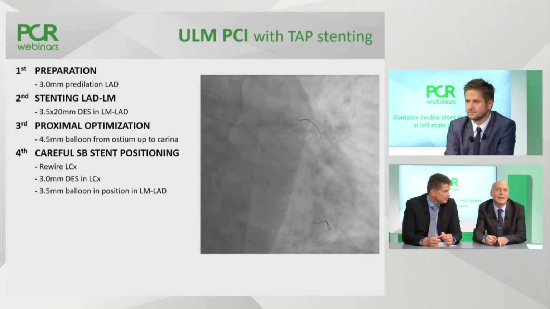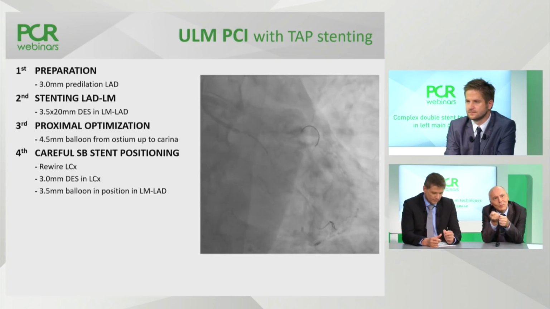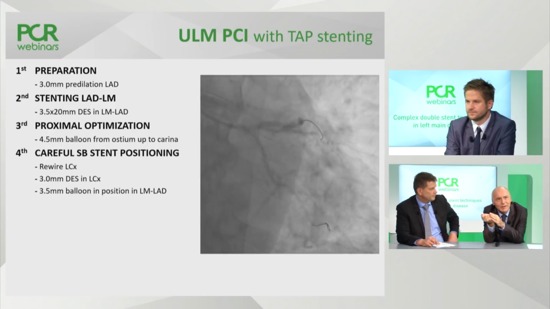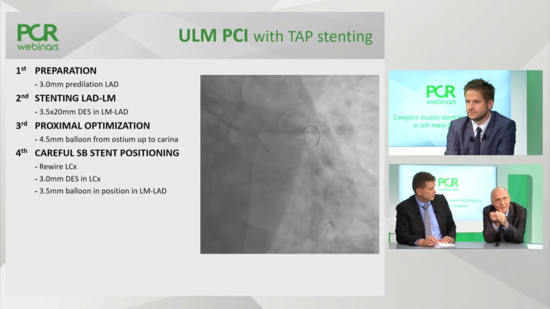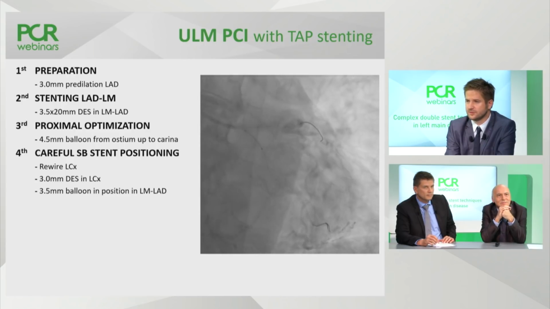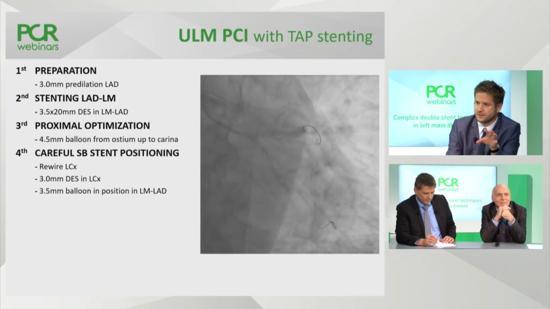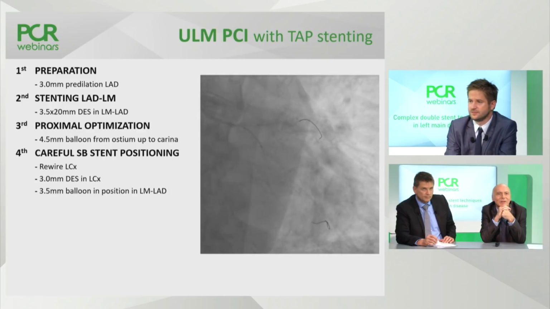Then it's very important to withdraw the empty balloon from the circumflex a little bit, and then do your kissing. So you use your side branch stent balloon plus another balloon in the size of the main branch. Exactly, for the kissing.